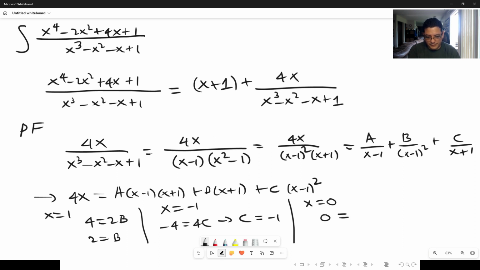And then I'm going to get minus 1 and 1 here, so I'm going to get minus a, plus b, and remember b is 2, plus c, but c is minus 1. So this is 2 minus 1. So essentially, a is equal to 1.